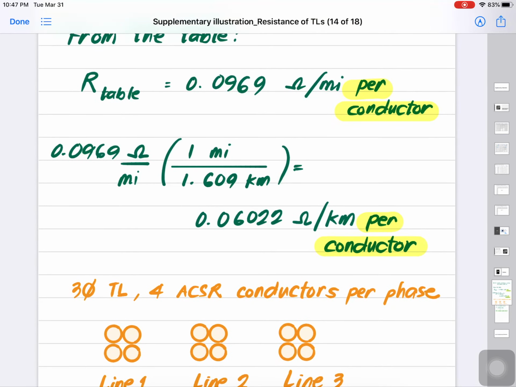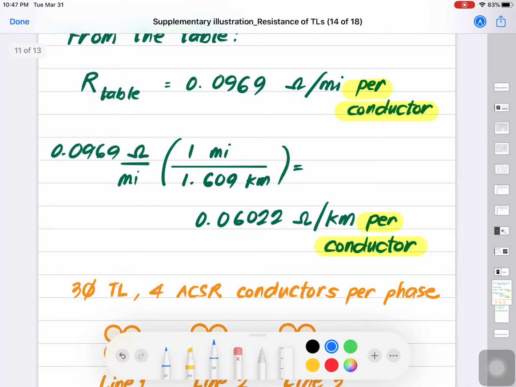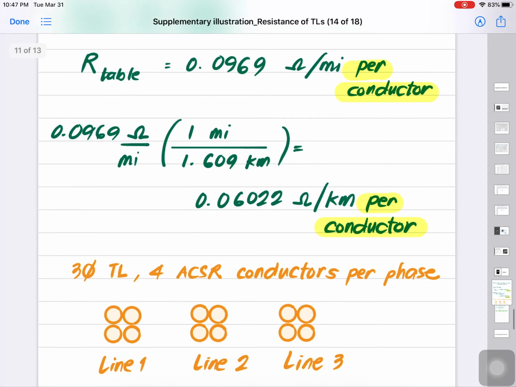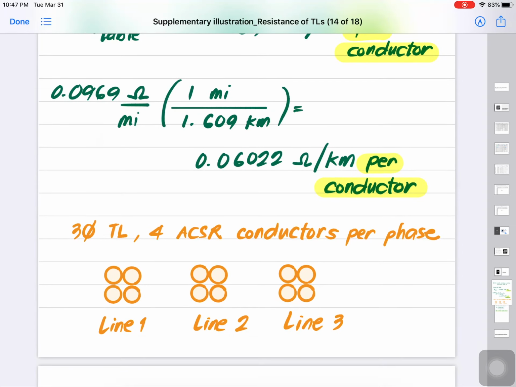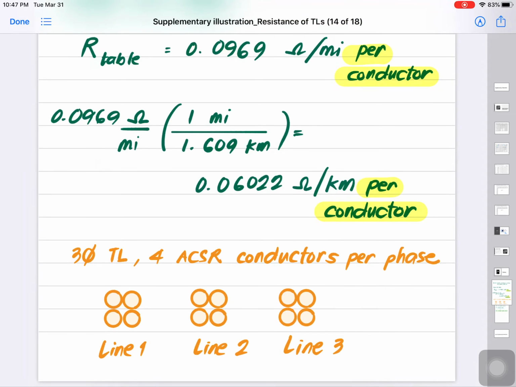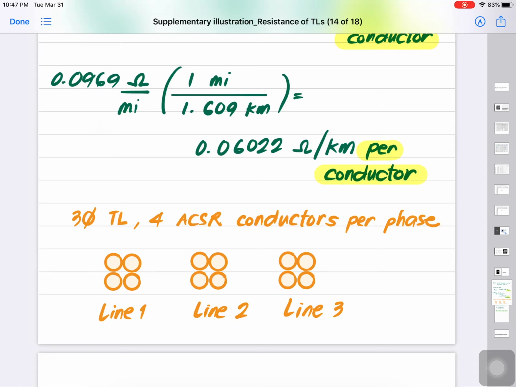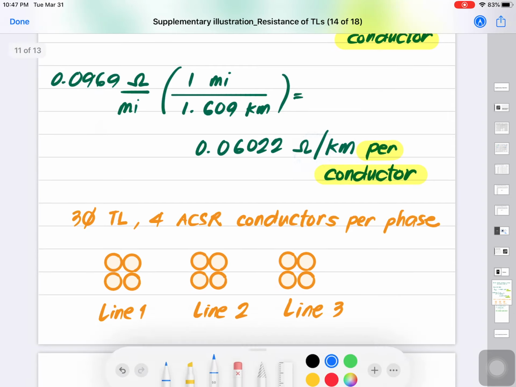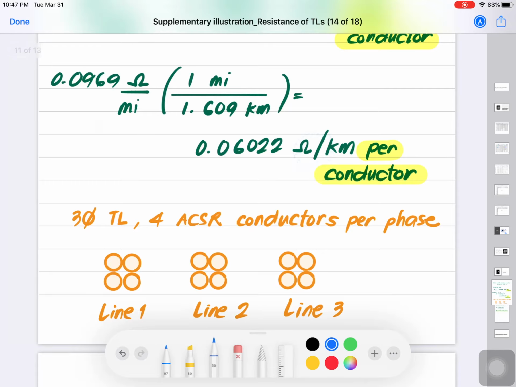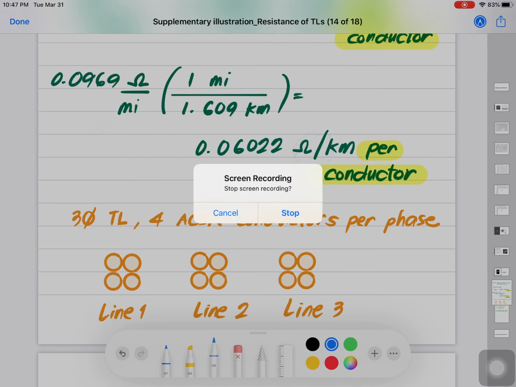Now, since the problem is asking for kilometers, so we just have to convert from miles to kilometers. Alright? Now, I am highlighting this per conductor. Alright? Per conductor. Ang data natin or ang answer natin is in ohm per kilometer, yes, per conductor.